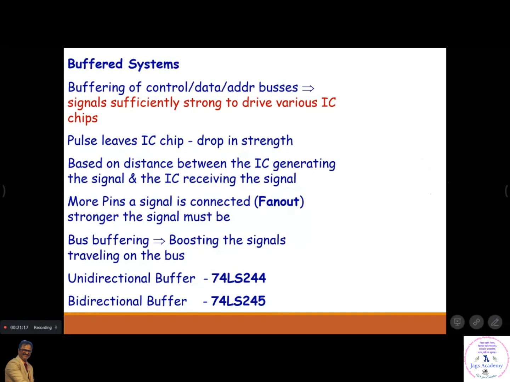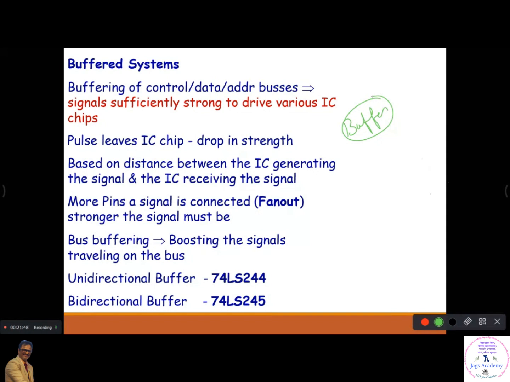There we use a device called a buffer. Have you heard about a buffer? This is called a tri-state buffer. It works like a latch. It's like a bidirectional latch, something like a feedback connection of 2 flip-flops.